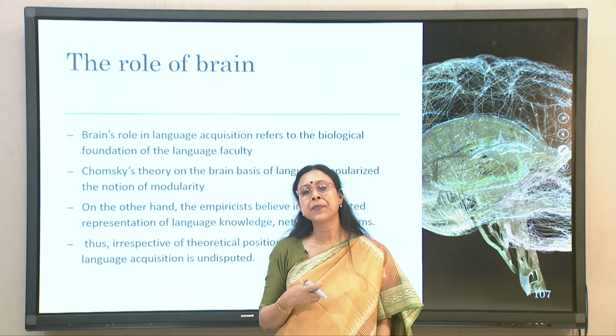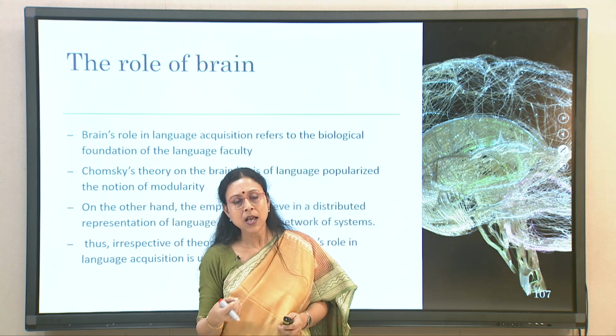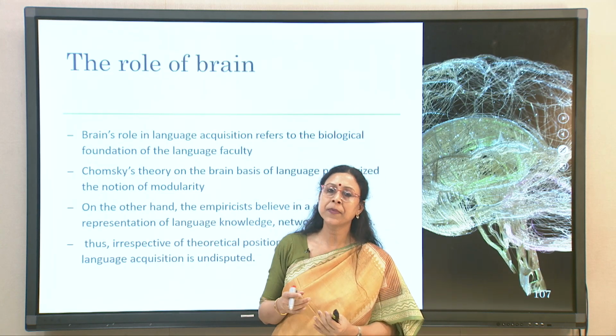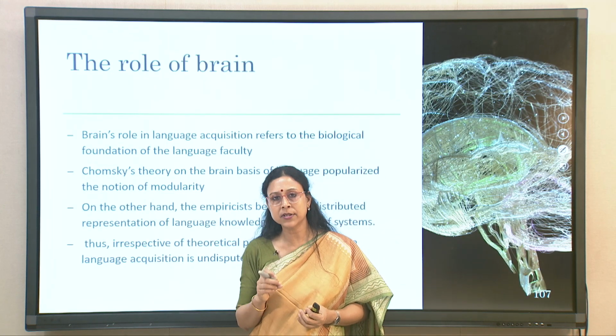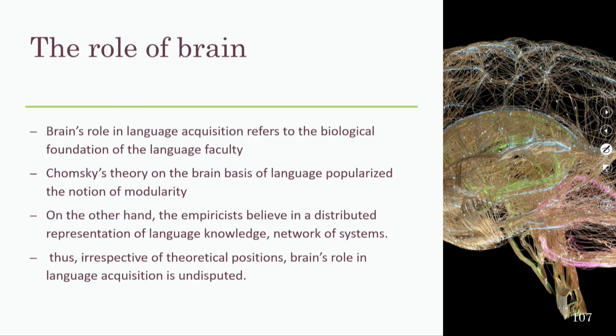So, not only does language have a biological basis in the sense that it has a brain basis, meaning it has a localized domain within the human brain; there is a specialized area in the brain called the language areas, and the idea in Chomskyan theories is that it is modular. What does it mean?